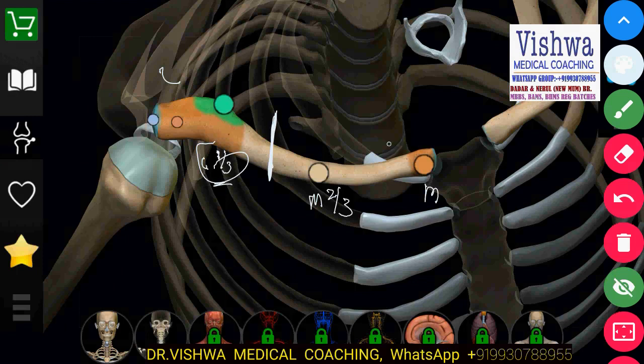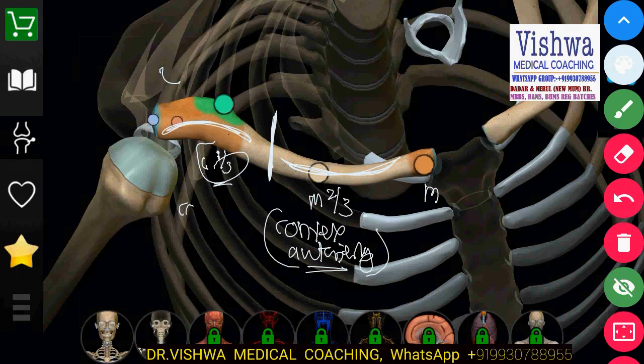Medial 2/3 is convex anteriorly, whereas lateral 1/3 is concave anteriorly. I am talking about the shape of the clavicle.